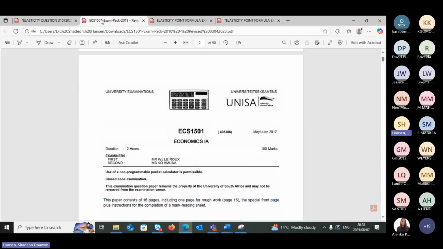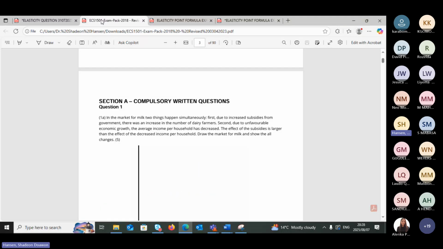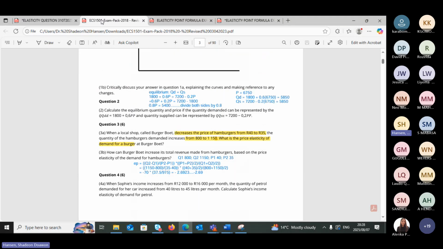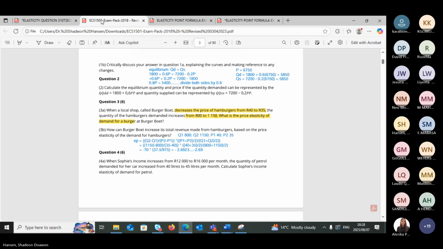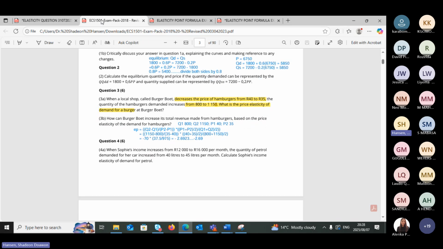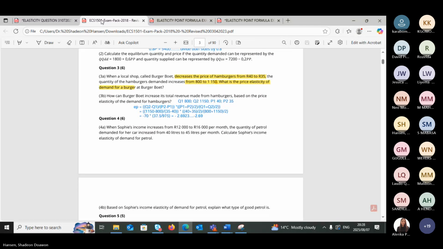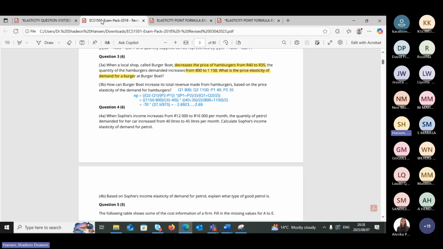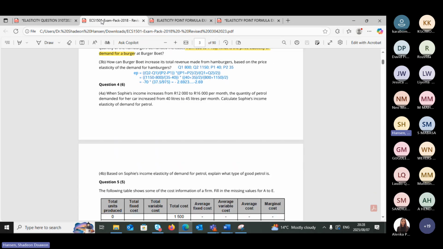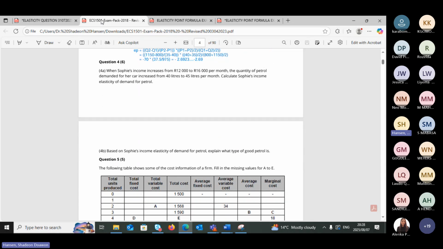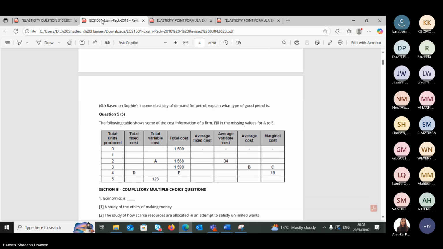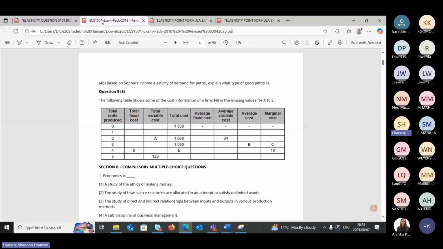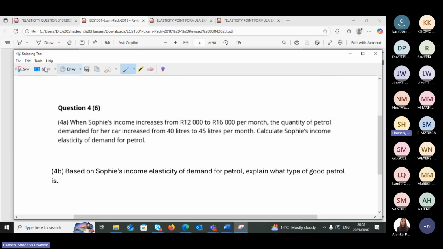Okay, let's look at, we've done that. So don't worry so much about that, students. Okay, you see, this is an interesting question, question 5 over here, because it's cost theory, production and cost theory. So what we can do is, let me take a snapshot of question number 5, that is cost.